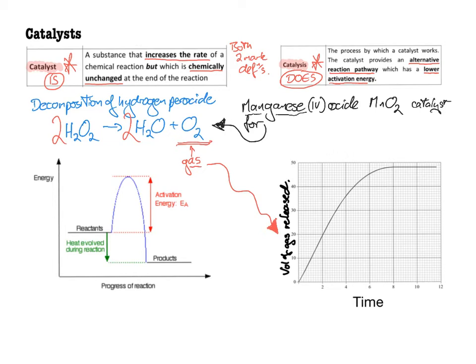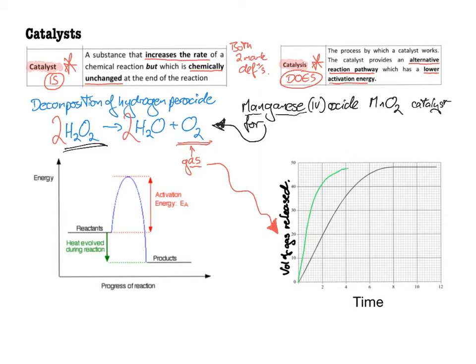And how do we know it works? Well, if we throw some powdered manganese 4 oxide into a solution containing hydrogen peroxide, we will get a very rapid decomposition. We will see gas being given off much quicker, i.e., if we look at a reaction graph like the one down below, because the rate of reaction is given by the gradient, we would see a much steeper gradient to begin with.